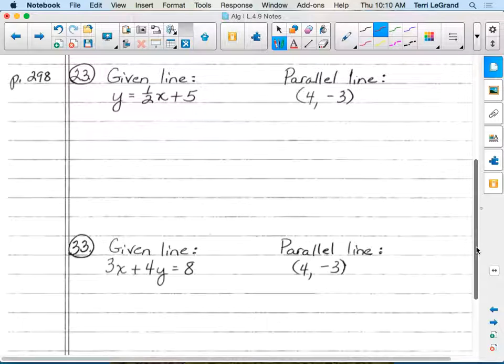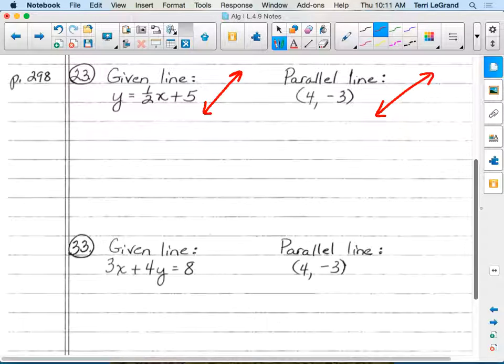Okay, now, for us to have parallel lines, basically what we have here is a line on the graph. You just told me here's what it looks like on the graph, right? It's rising from left to right. We need a line that's going to be parallel to that, but yet it's also going to go through that point 4, -3. So 4, -3 is not on our given line. 4, -3 is on another line.